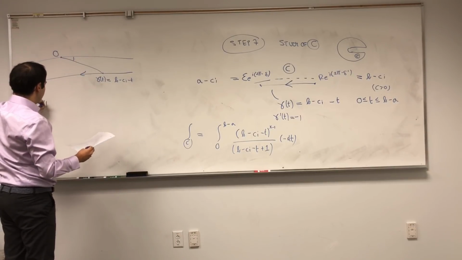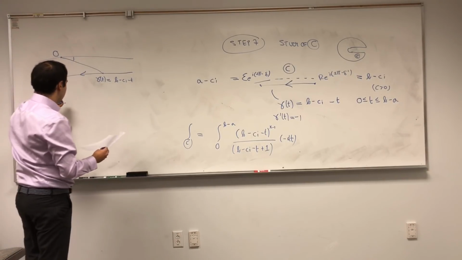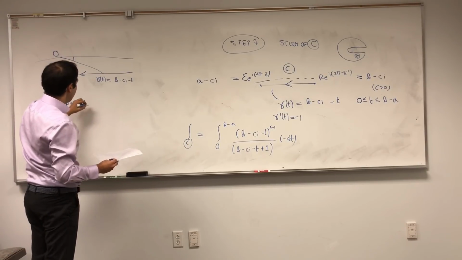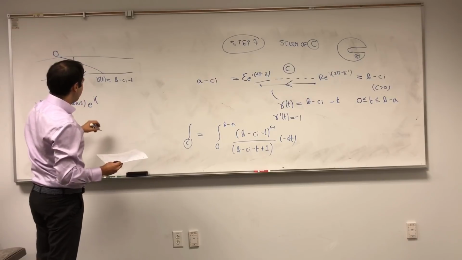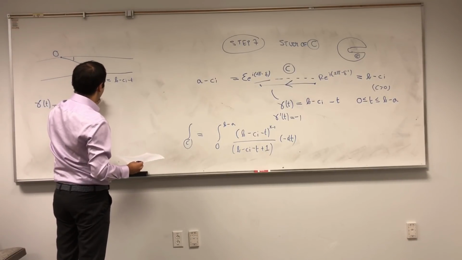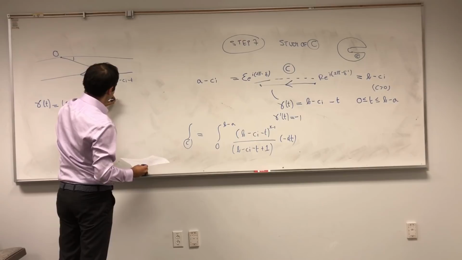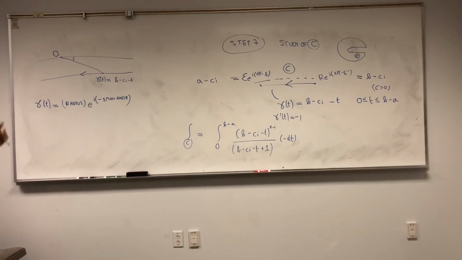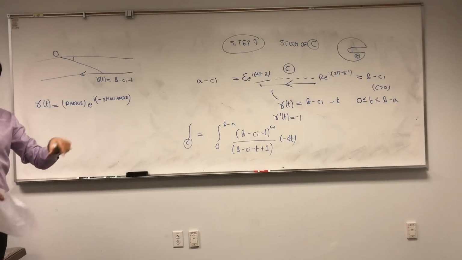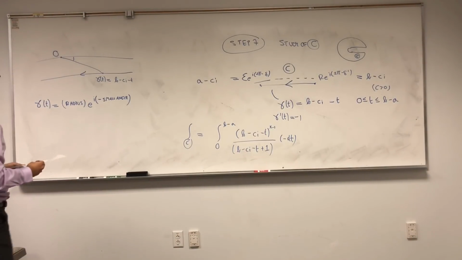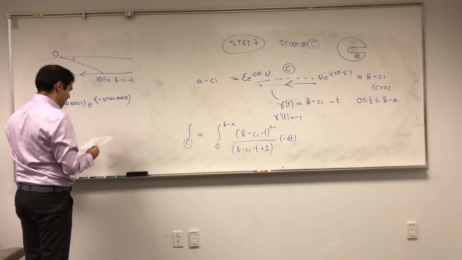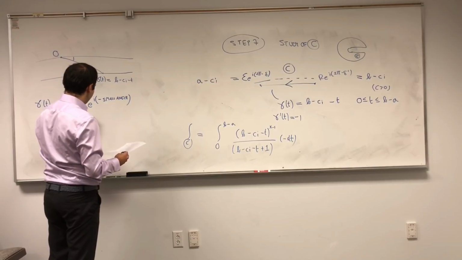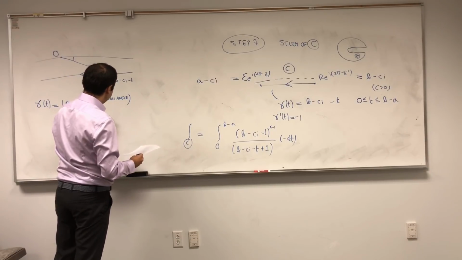So gamma of t is some radius times e to the i times minus some small angle. But remember, we don't really have minus delta, we want 2 pi minus something. So that's really the radius times e to the i(2 pi minus small angle).